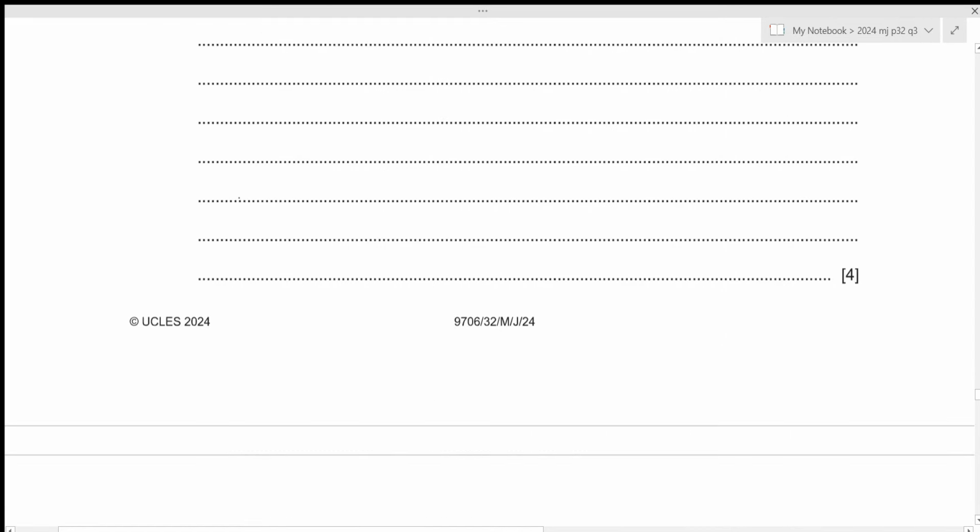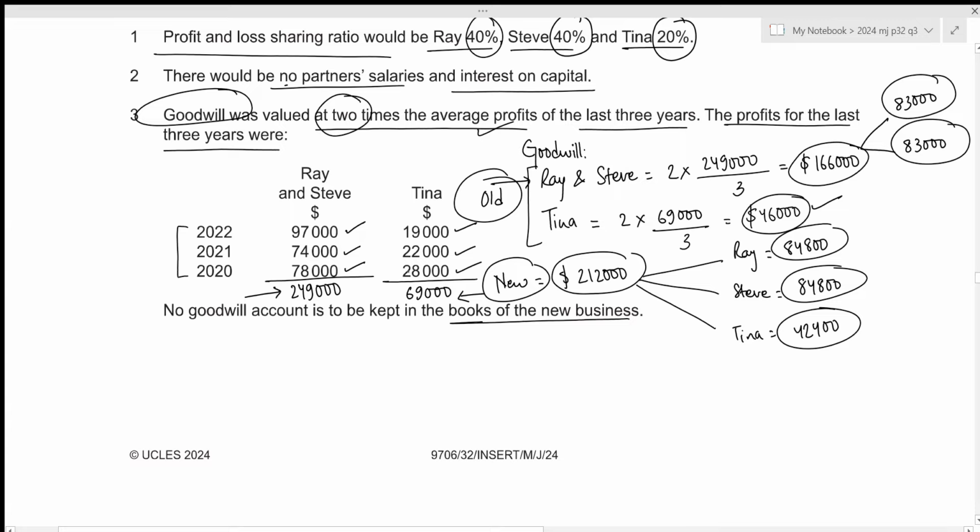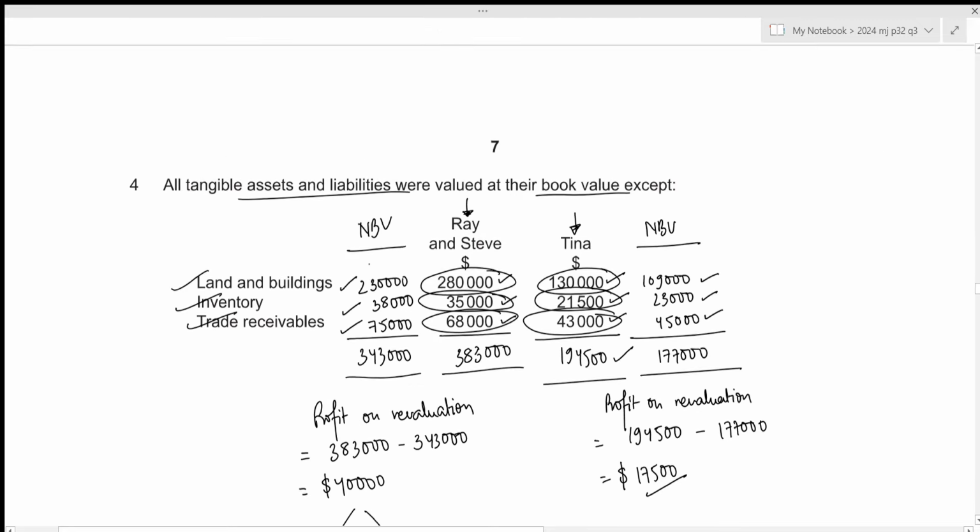Now let's compare it to Tina's profit when she operated as a sole trader. So as a sole trader, we can see that she earned 28,000, 22,000 and 19,000 respectively in the years 2020, 2021 and 2022. These are clearly lower than what she is getting in the new partnership. Let's write it down.